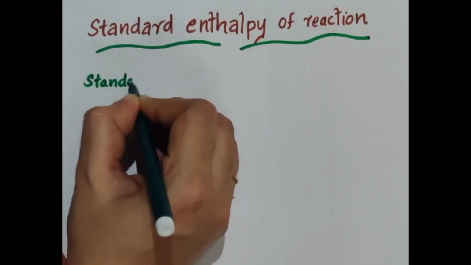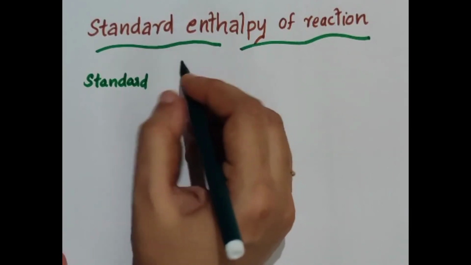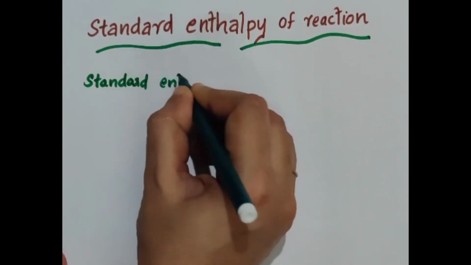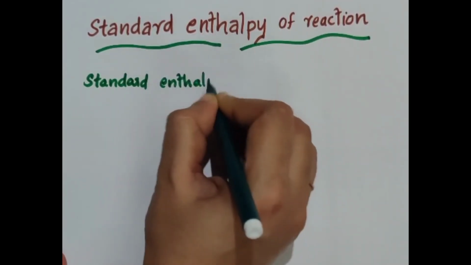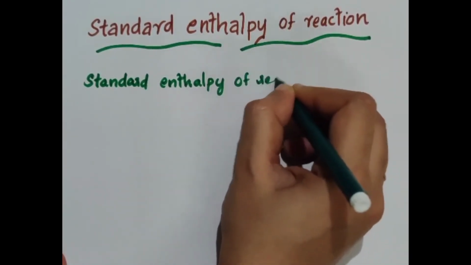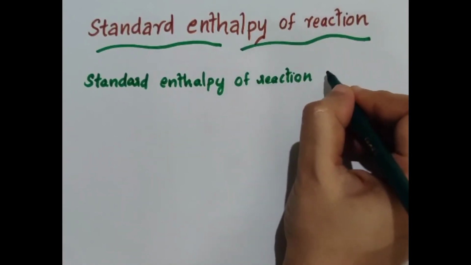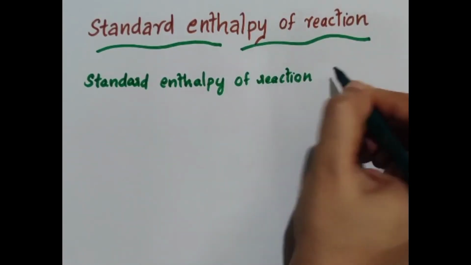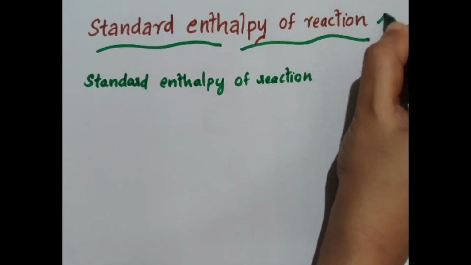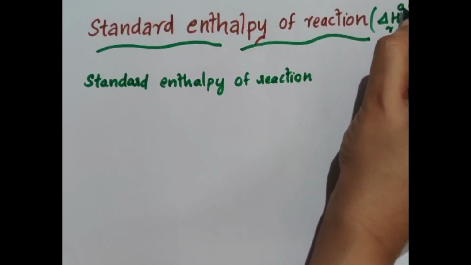Okay, standard enthalpy of a reaction, that is delta HR0, can be represented like this. This degree sign indicates the standard condition.